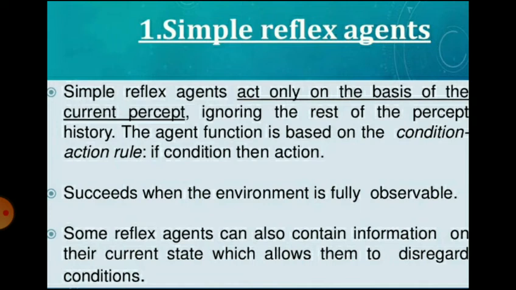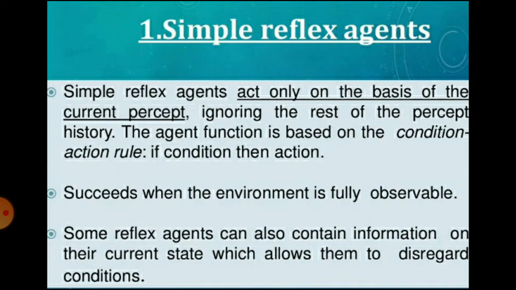The simple reflex agents are the simplest agents. These agents select actions on the basis of current percepts, ignoring the rest of the percept history. A simple reflex agent works only if the environment is fully observable, which means the agent knows the whole environment.